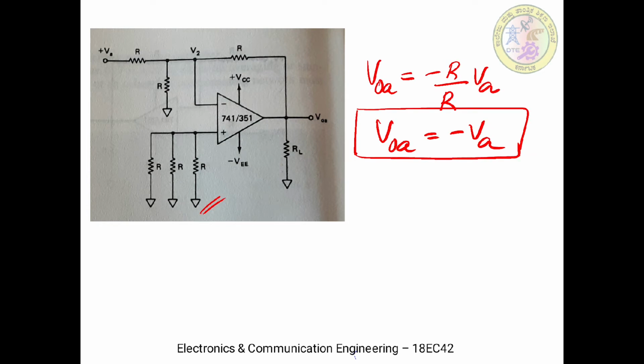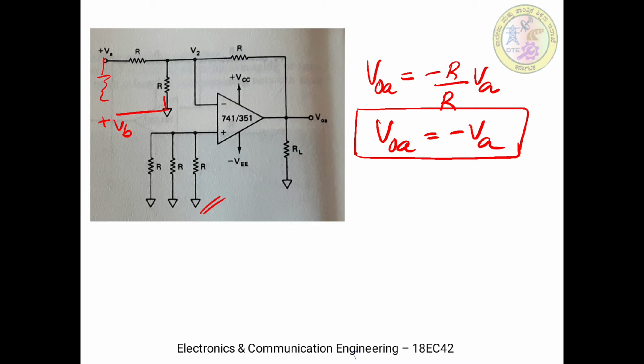Now similarly in the same circuit diagram, VA can be made equal to 0 and we will apply only VB. So we can imagine that VA will be connected to 0 and you are applying the VB input here. Again there are no changes in the circuit. Instead of VA, now VB is going as an input at the V2 terminal.